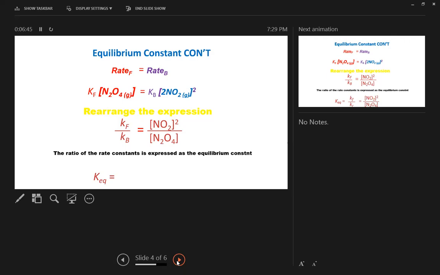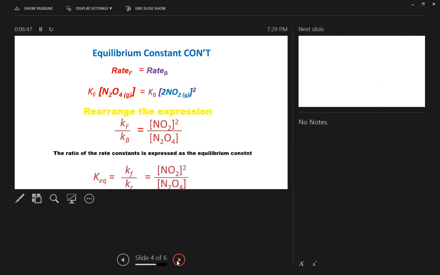Now, what is it? The rate of the forward reaction over the rate of the reverse, which is the backward reaction, which is also equal to the concentration of nitrogen dioxide raised to the power of 2 divided by the concentration of nitrogen tetraoxide.